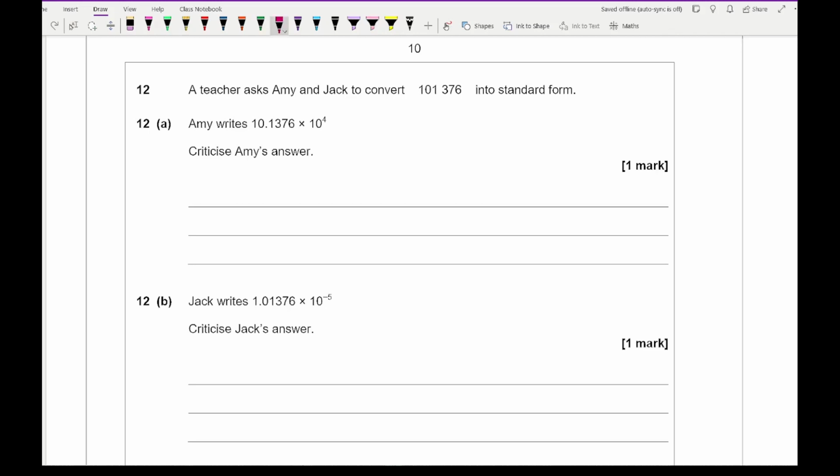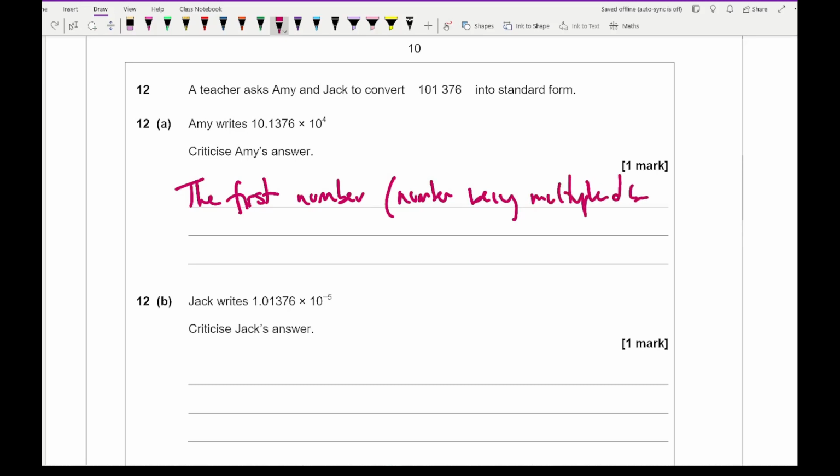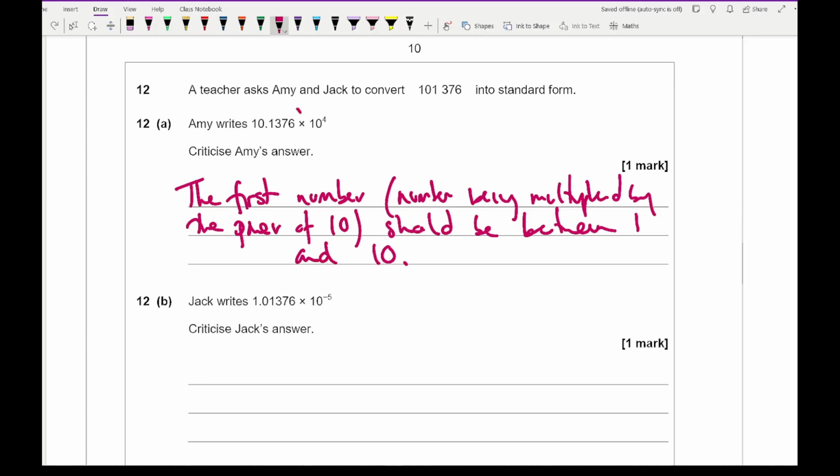Well, for this, the first number, for the number being multiplied by the power of 10, should be between 1 and 10. So it's this number here. A comment that the number should be between 1 and 10 would be spot on.